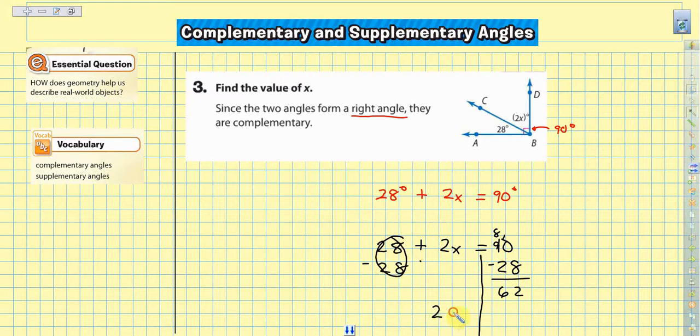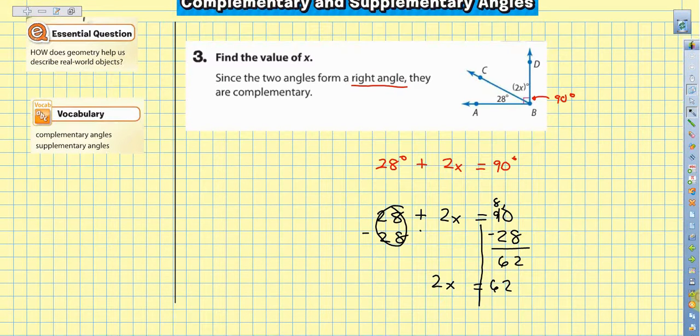So I get 2x is equal to 62. Divide by 2. And x is equal, in this case, to 31. Okay, so box my answer.